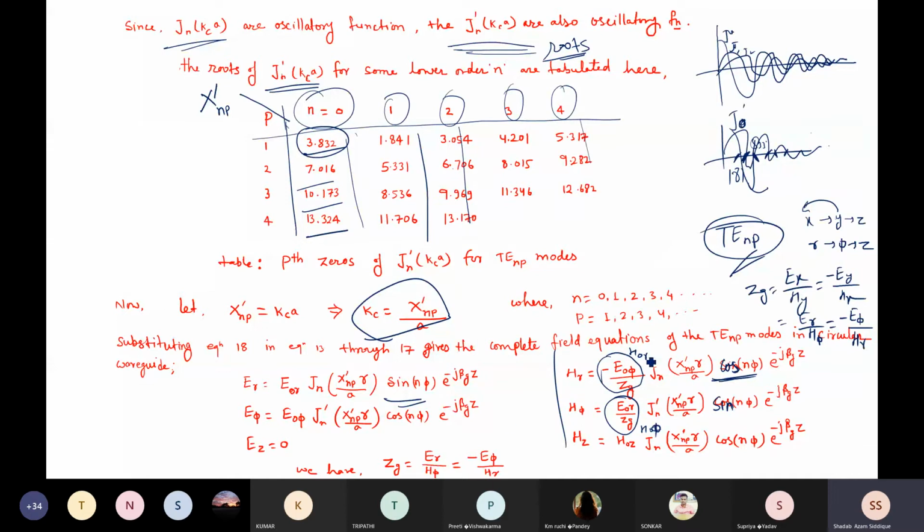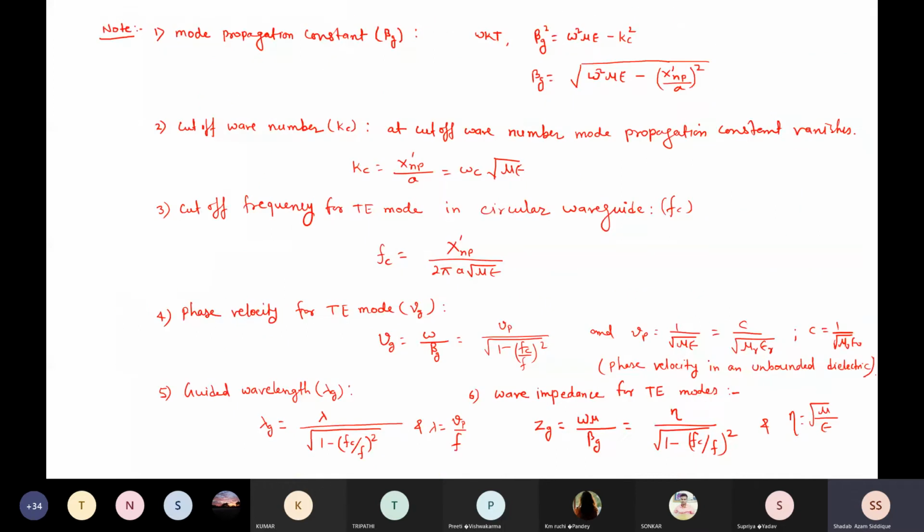If you want to find Hr, it can be written as minus E phi upon Zg, so minus E naught phi upon Zg, that is written here. Similarly for H phi, E naught r upon Zg, that is written here. Okay, so that is all about the solution of TE np mode in a circular waveguide.